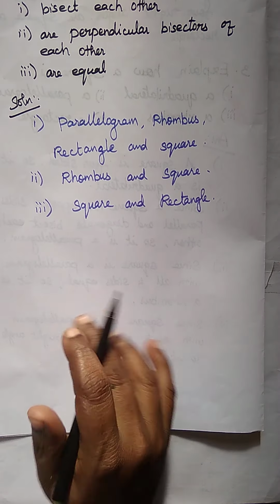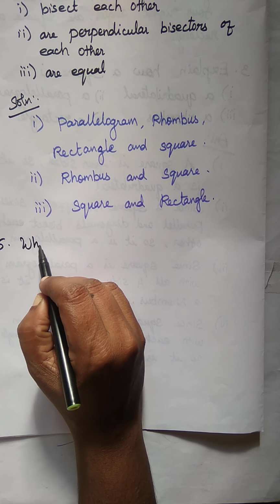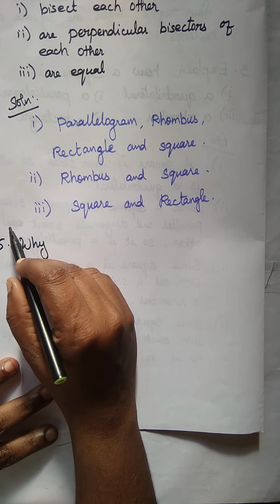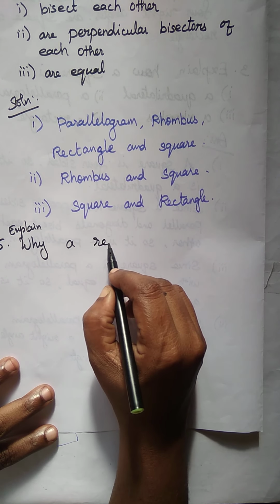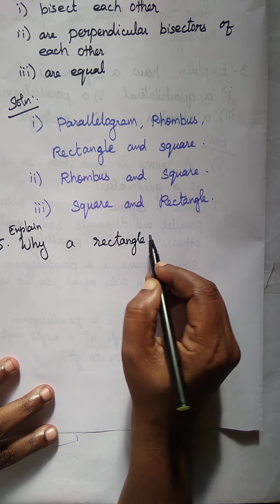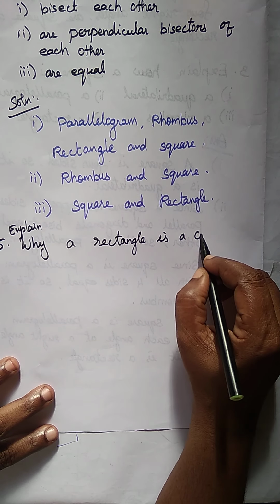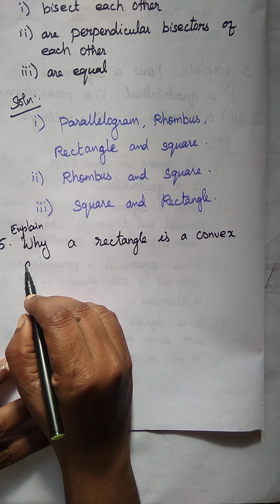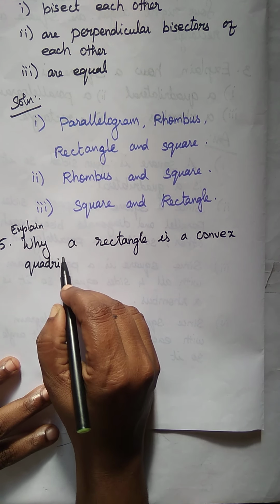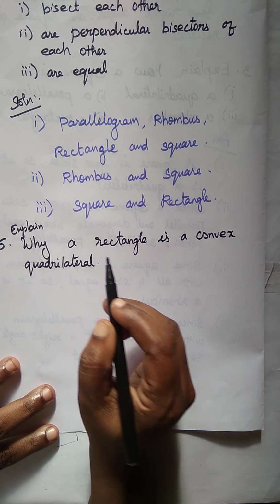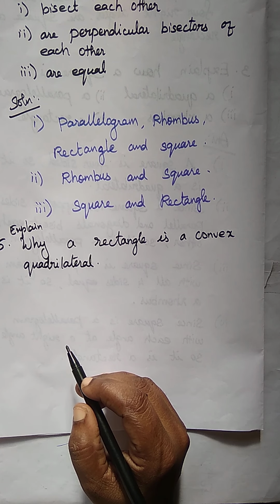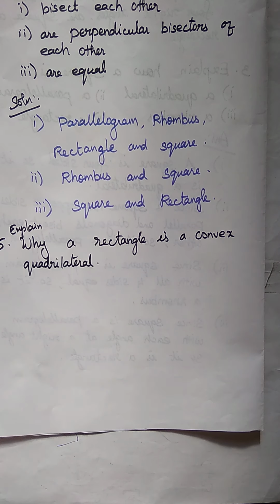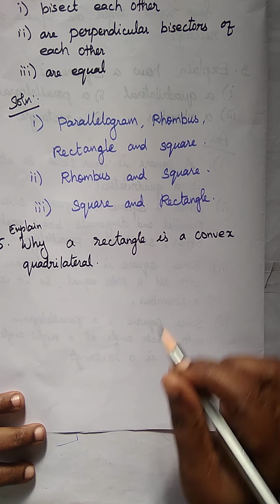Now the next question is fifth one. Explain why a rectangle is a convex quadrilateral. So we draw a rectangle first.